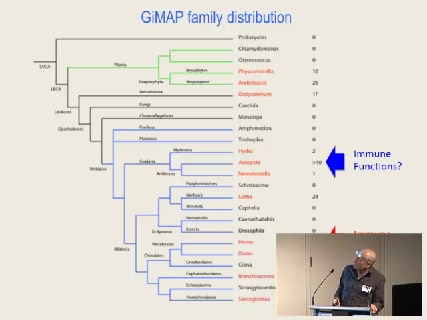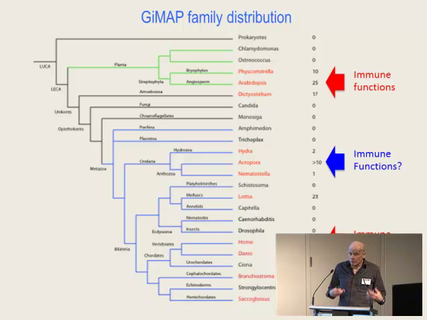So this may be a family of genes whose roles aren't clear in vertebrates, but which have a role in immunity, shared not only with lower animals, but also with another kingdom. So these may be the first examples of proteins with roles in immunity that are shared across this plant-animal divide. As far as I'm aware, there are no other proteins whose function in immunity is conserved.